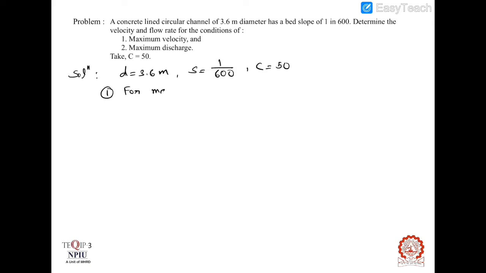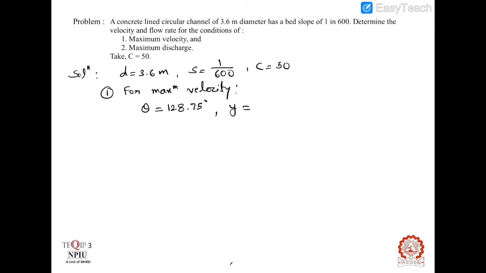For maximum velocity, we know that the value of theta is 128.75 degree.